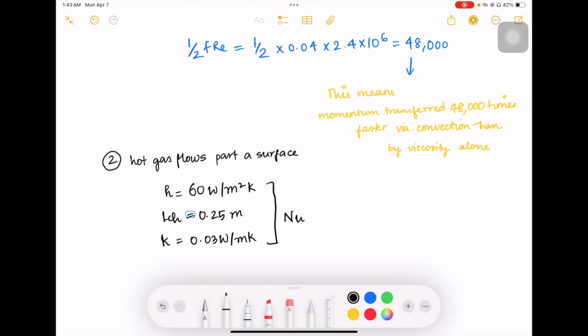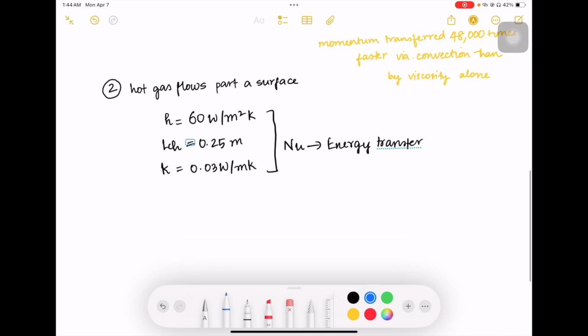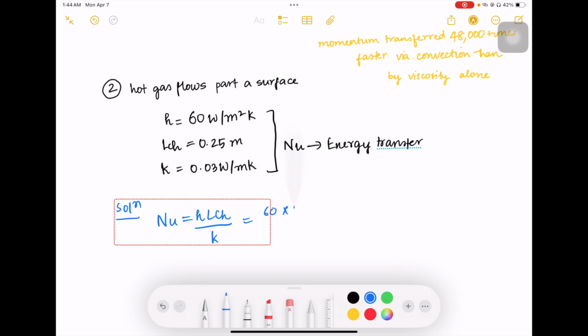Nusselt number is generally calculated for these energy transfer systems, right? So let's calculate the Nusselt number. What is the formula of Nusselt number? Nusselt number formula is H LCH by K. That is equal to 60 into 0.25 divided by 0.03. That is equal to 500. Right? What does that mean?